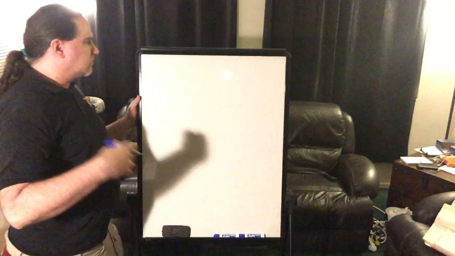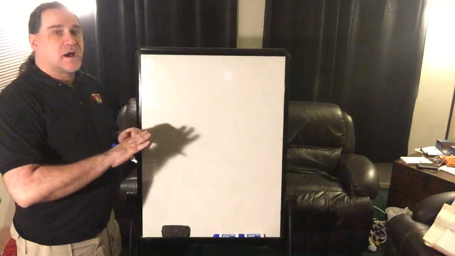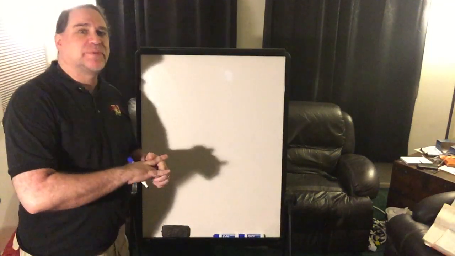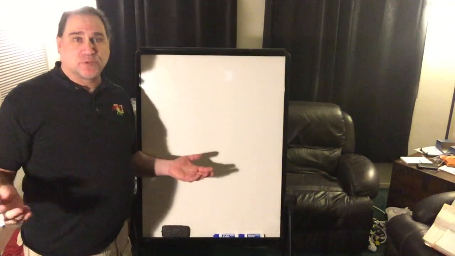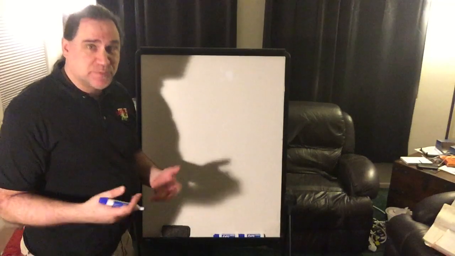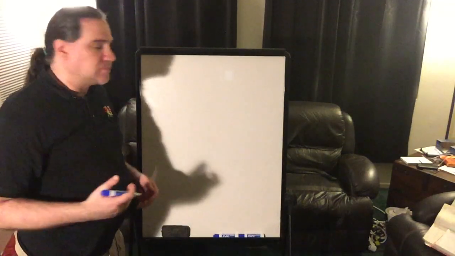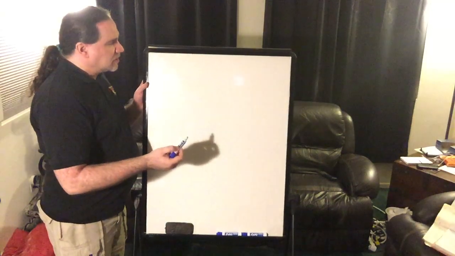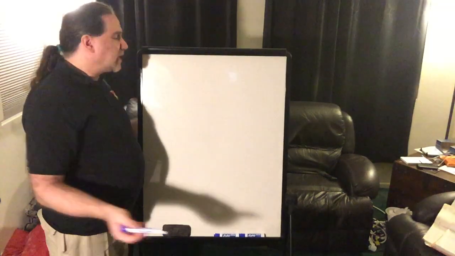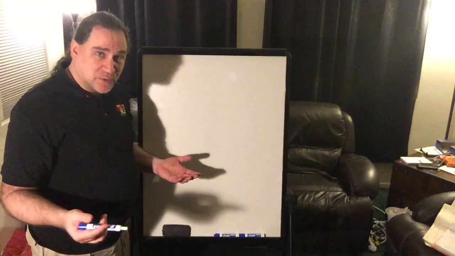So let's say I want to know how much I am going to make, and I know I work 40 hours a week. That's a normal work week for most people, not teachers, because I've got all kinds of weird schedules. So you're working 40 hours in a week, and you want to know how much you're going to make in a week.